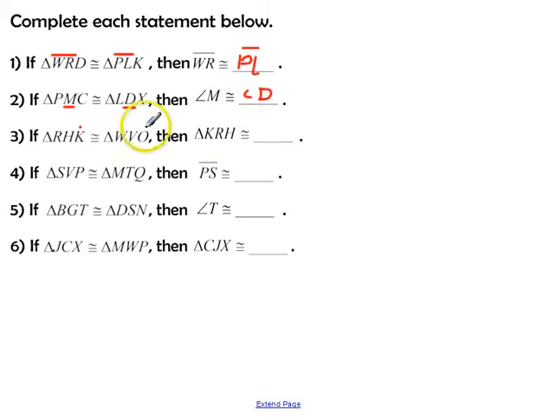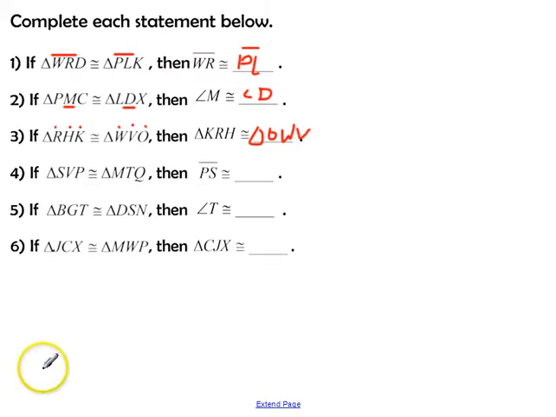So we need to put the last one first. So we start off with triangle O, and then next is R, which is the first one, so we need to write the first letter, W, and then we finish with H, which is the middle letter, so we write the middle one, V. So remember, you're just following along in that same order.